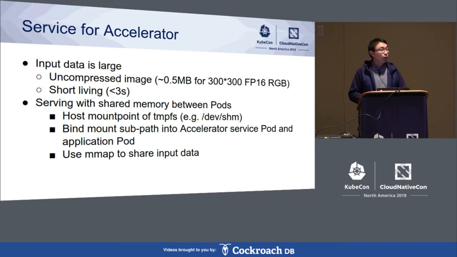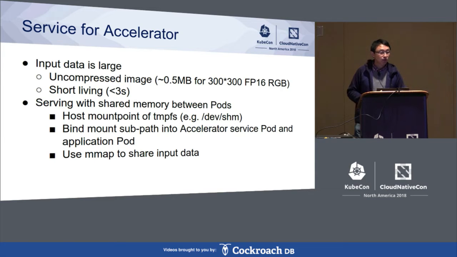Can we think of a different way to build a service which doesn't go through a network? What about using shared memory, if all the pods can be co-located on the same node? Thinking about tmpfs and the mmap system call, I think we found a solution.